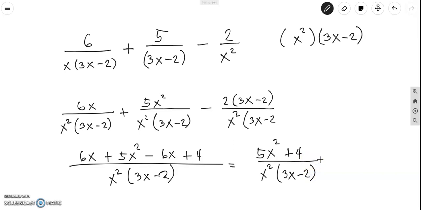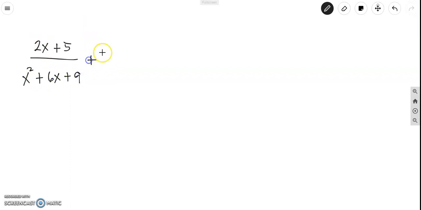Okay, next example. For example, we have 2x plus 5 over x squared plus 6x plus 9, plus x over x squared minus 9, plus 1 over x minus 3.